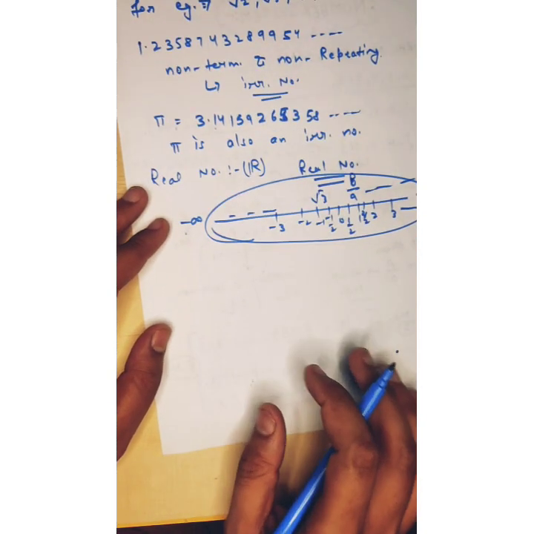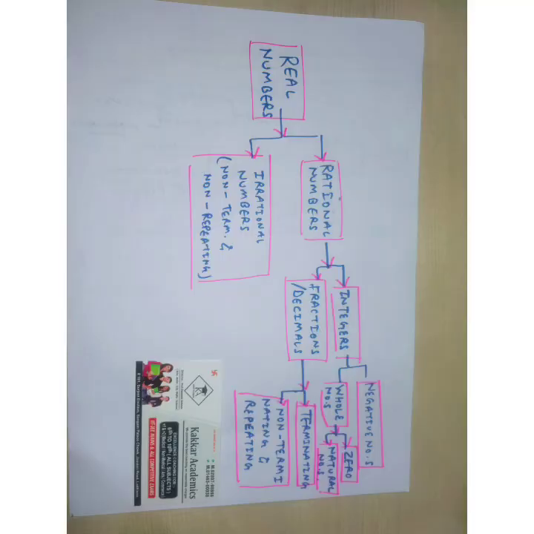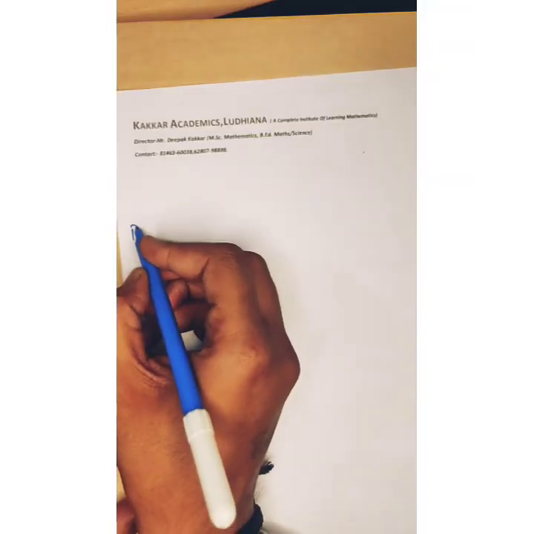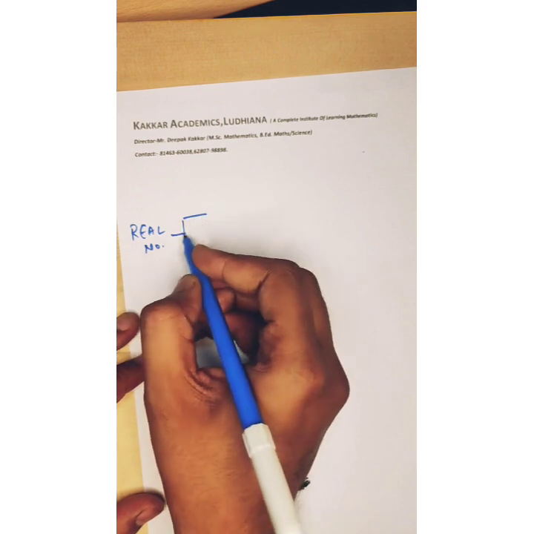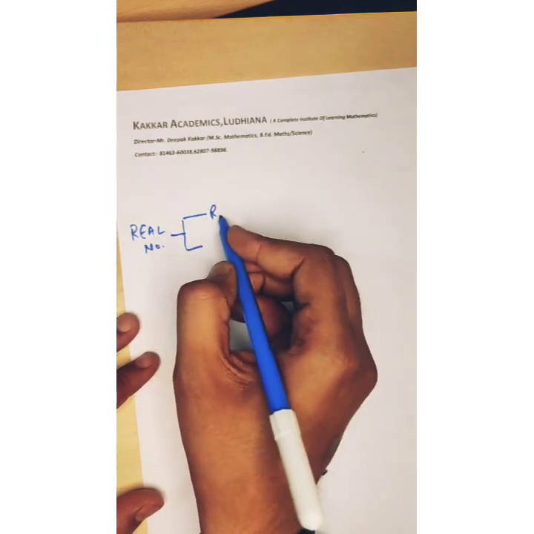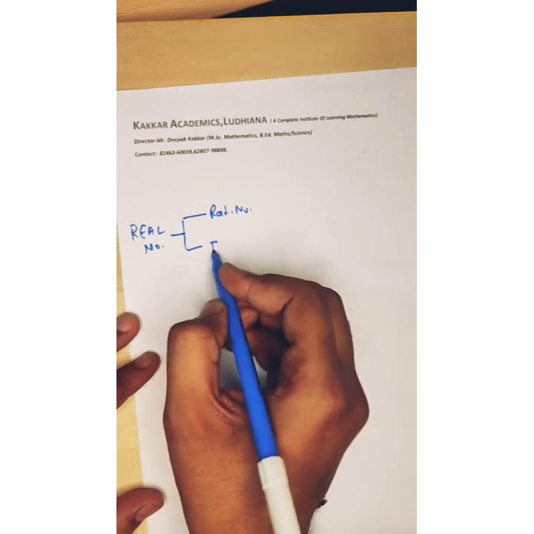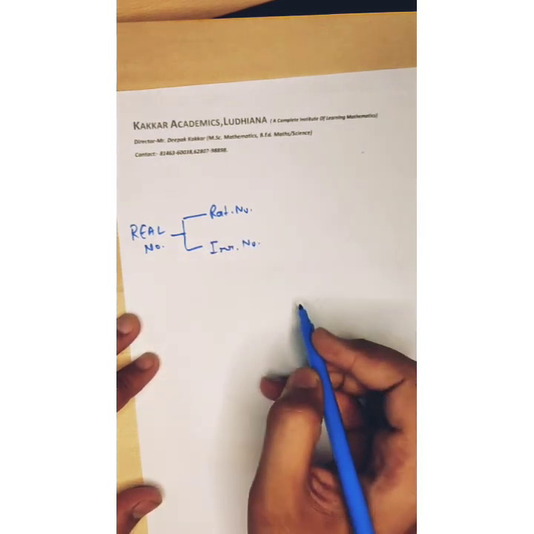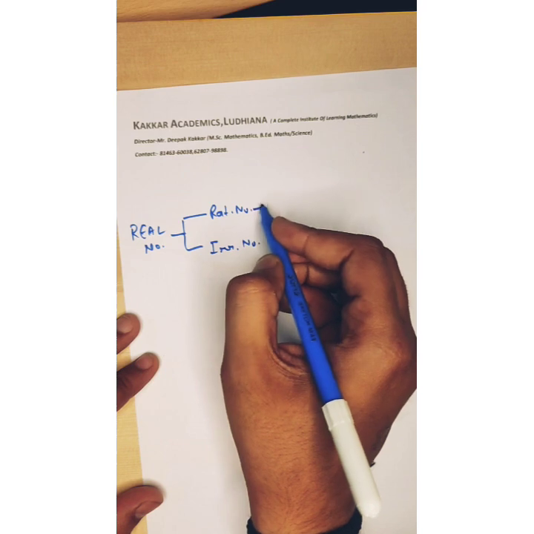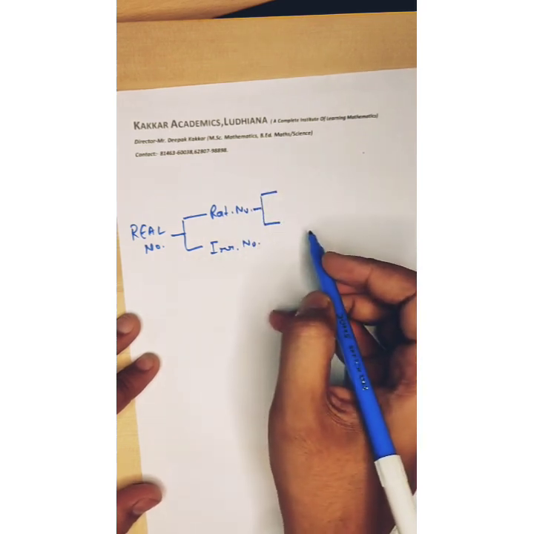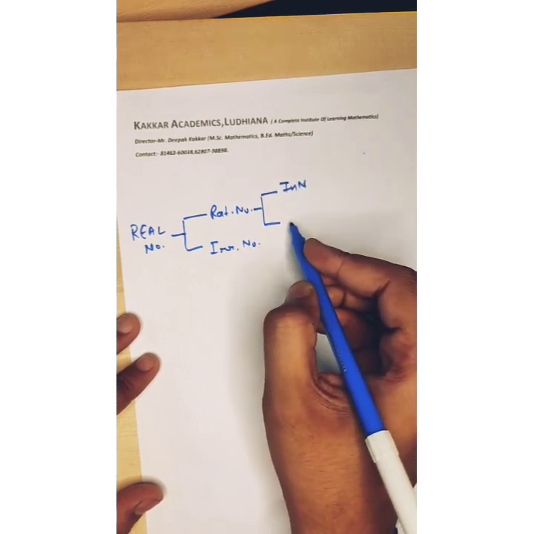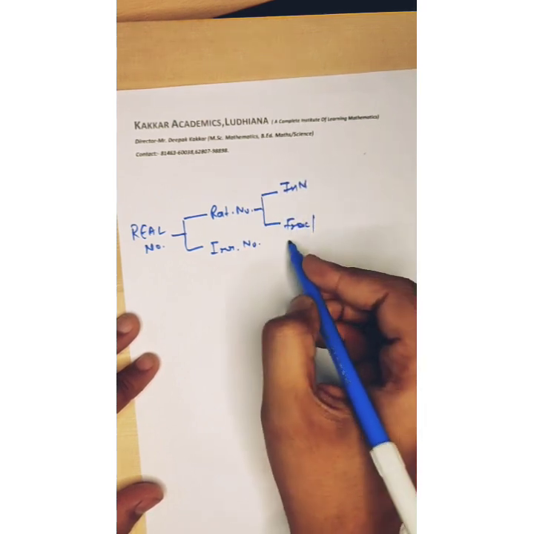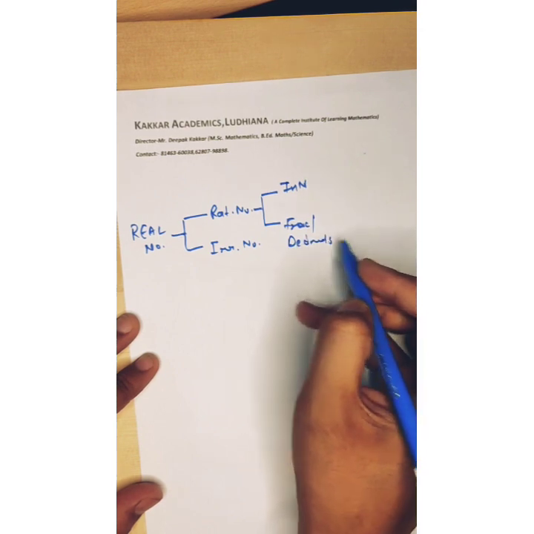So if I finalize, we can say that real numbers can be categorized into two kinds, that is rational numbers and irrational numbers. And rational numbers can be further categorized into integers or fractions, or we can say decimals.